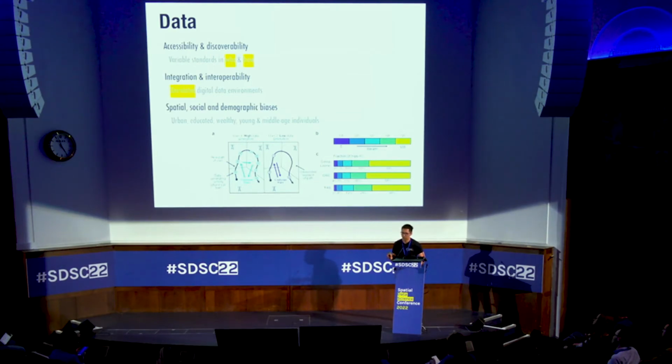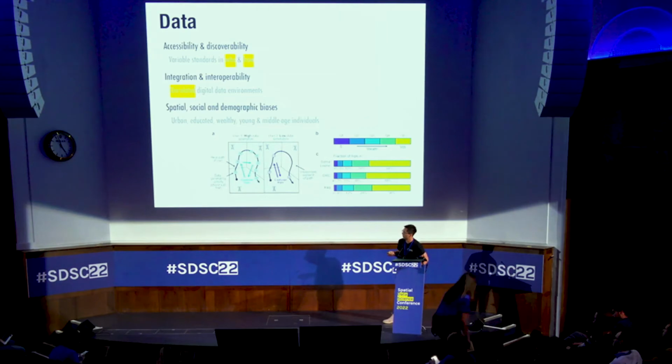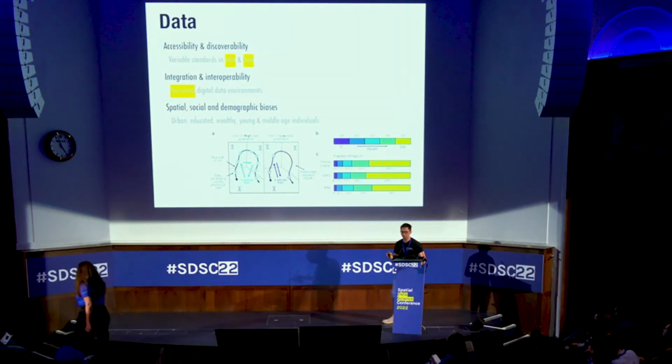In some cases, there has been some really good progress on making the data available by APIs, using different platforms, pre-processing the data, signing a contract, getting access to the data. So there are some good examples of doing that. But again, there is quite a lot of variability. So I think we need to establish some sort of standards on how we access the data and who can access the data, because at the minute, access to the data is very unequal across academia, across users. So there is some work to be done there.